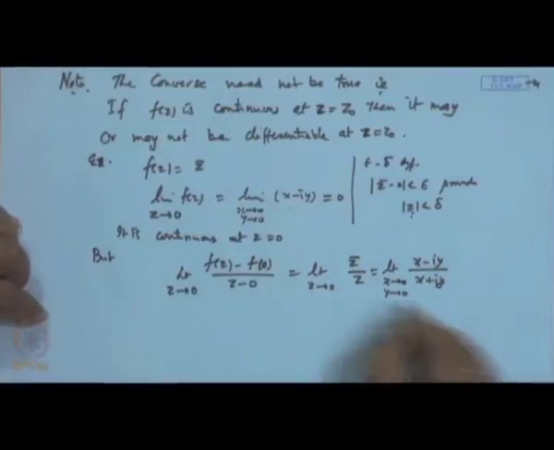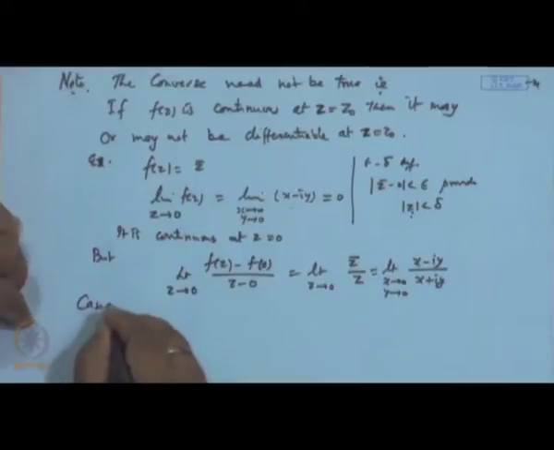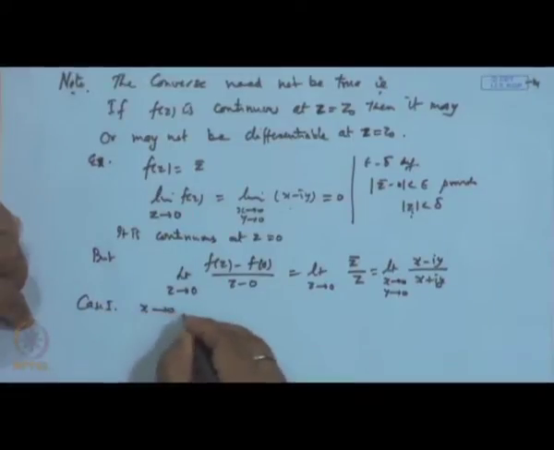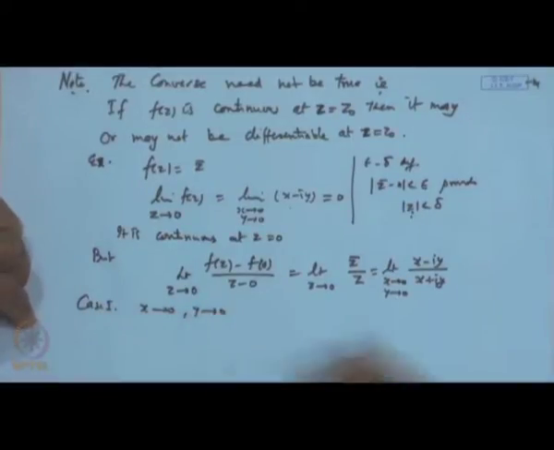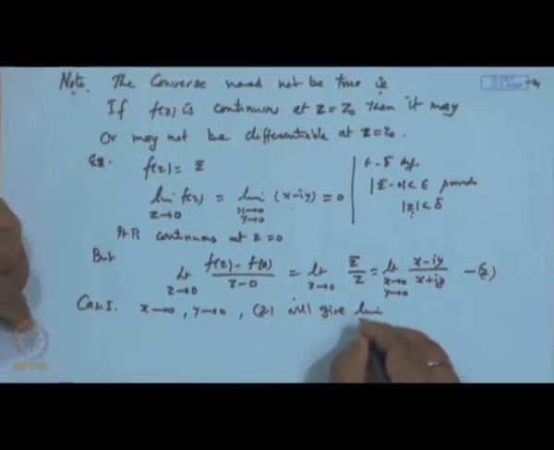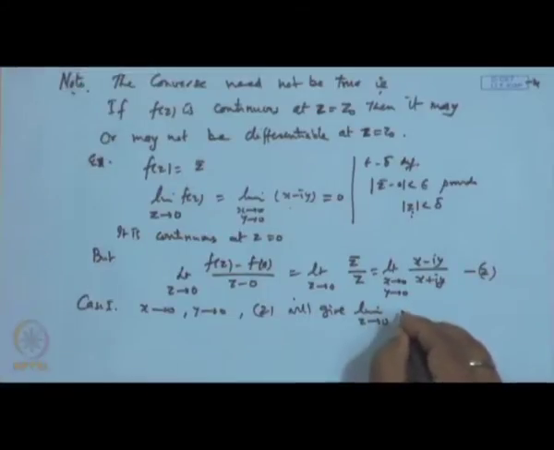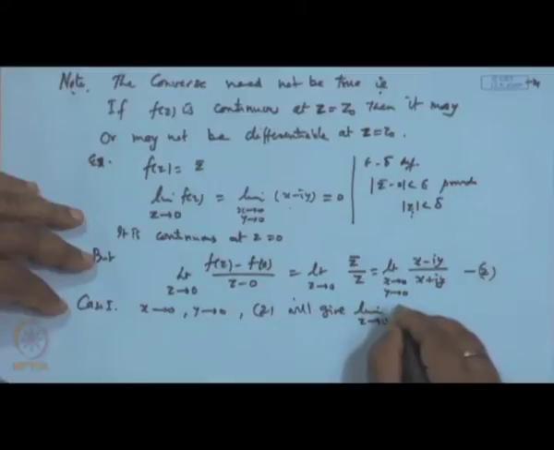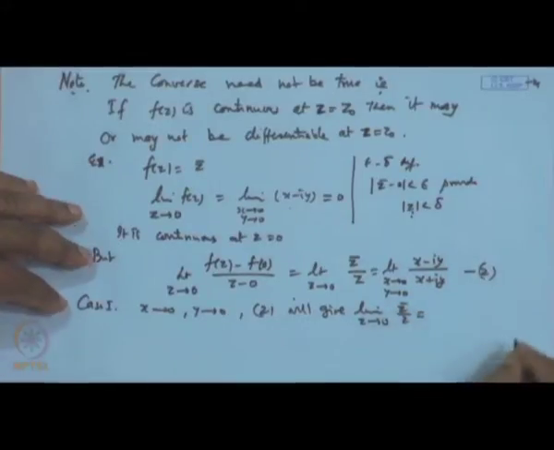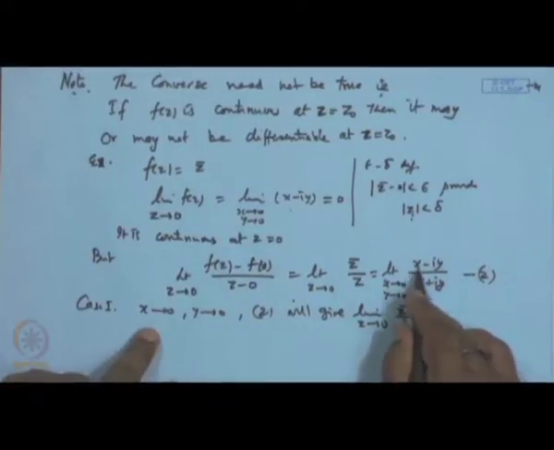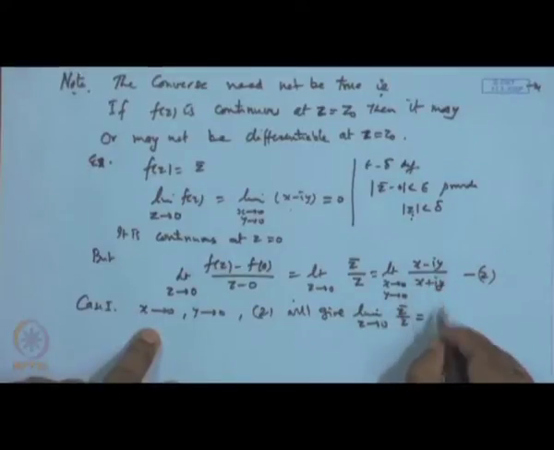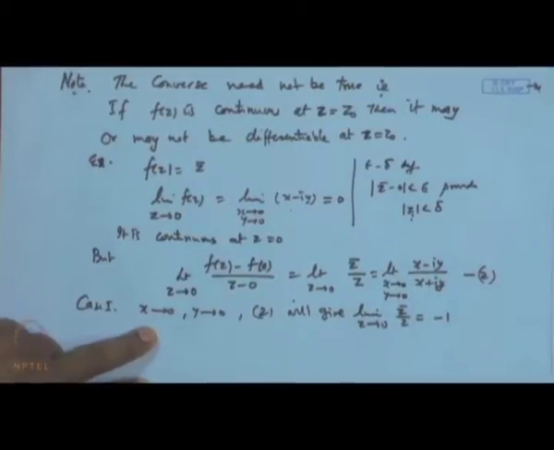If you take path 1, where x tends to 0 first and y tends to 0 later on, then the i's cancel and the value will be minus 1.